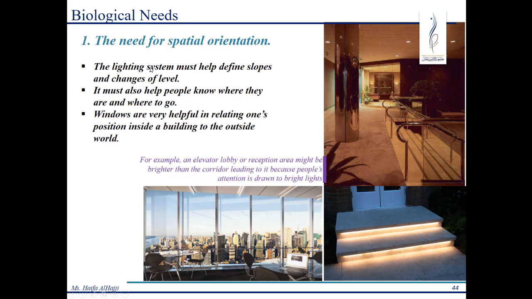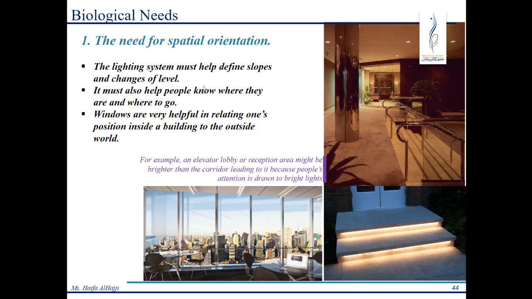Another thing related to the need for spatial orientation is during the day. For example, I need to see the light from the outside, from the sun. I need to see where I'm located, at what time of the day I am. When, for example, you are in an enclosed space with no window to the outside, let's say an office, from 8 a.m. and you get out at, let's say, 7 p.m., sometimes 6 p.m., you'll find that you entered the space when it was sunny.